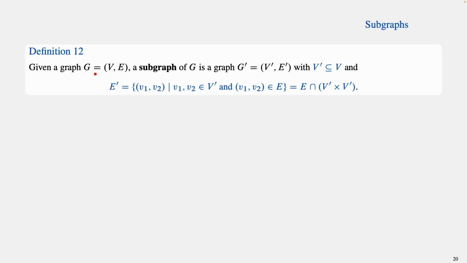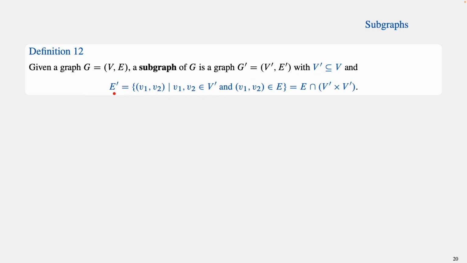Now, if we're given a graph, we can look at subgraphs. And by a subgraph, we mean a graph G' with vertex set V' contained in the vertex set of our original graph. And the edge set E' of the subgraph must consist of all the edges between vertices in V'.